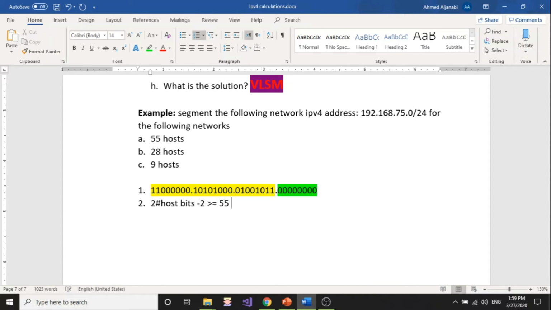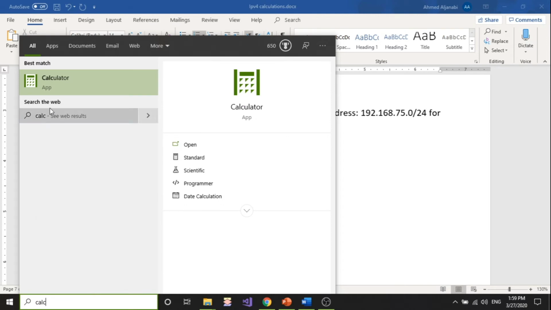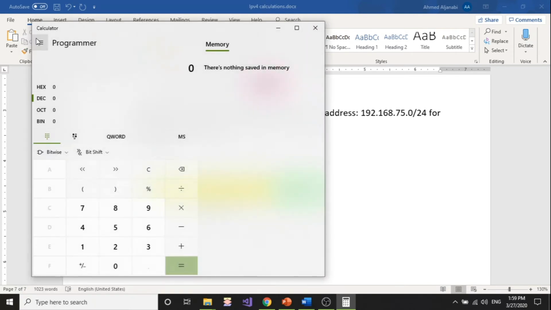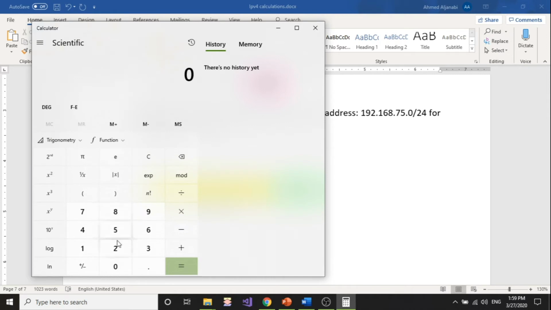And just to save you some time, this number is basically 6, because 2 to the power of 6, let me just fix this here. Actually not 6, let's just use a calculator. Let's use scientific. So 2 to the power of, let's say, 7 equals 128. Well, that's not it then. It's 6.